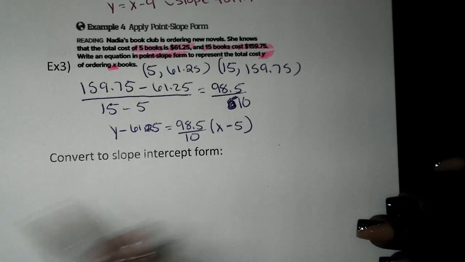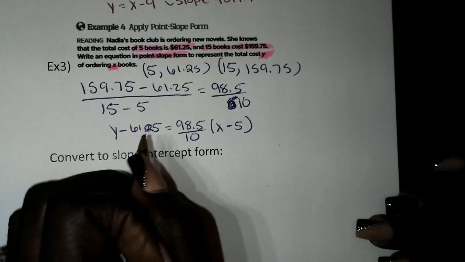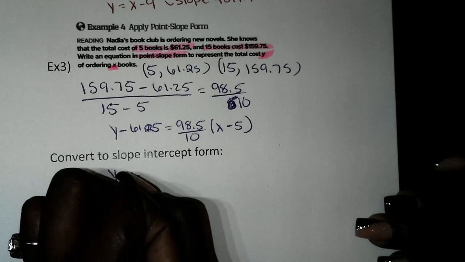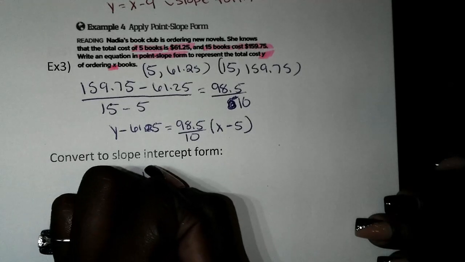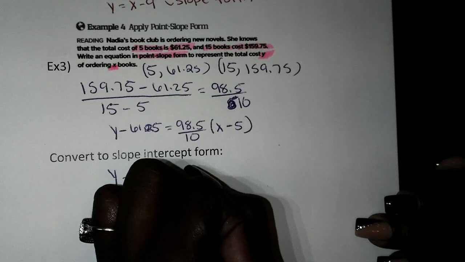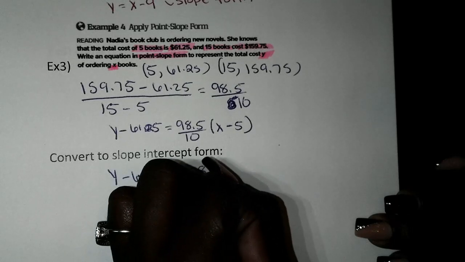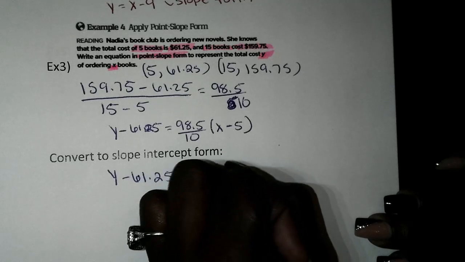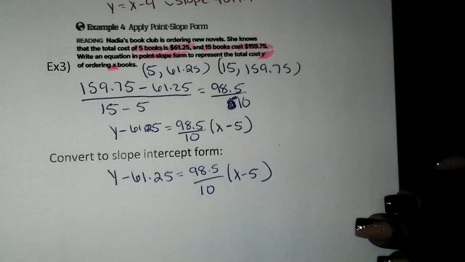Now it asks you to convert it into slope intercept form. That's when we simplify. So now that becomes y minus 61.25, and we simplify.